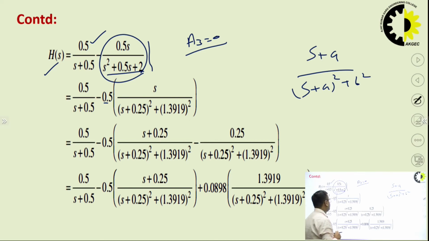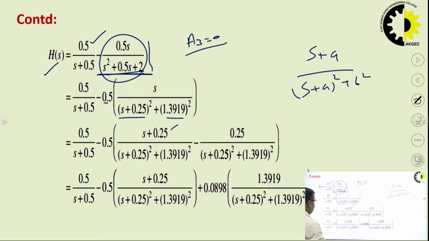So at first you have to prepare this in whole square form. In whole square form it will be (s plus 0.25) whole square plus (1.3911) whole square. Now in the numerator you need s plus 0.25, so you have to add plus 0.25 and minus 0.25.